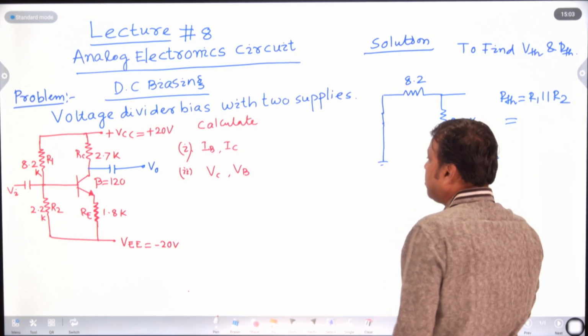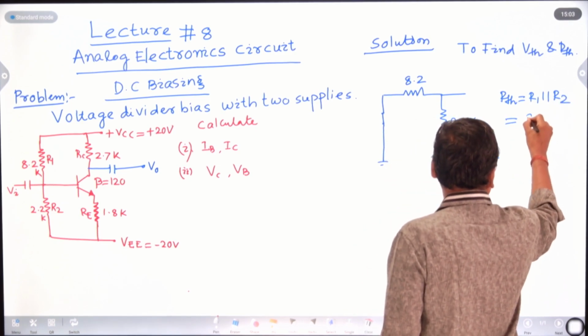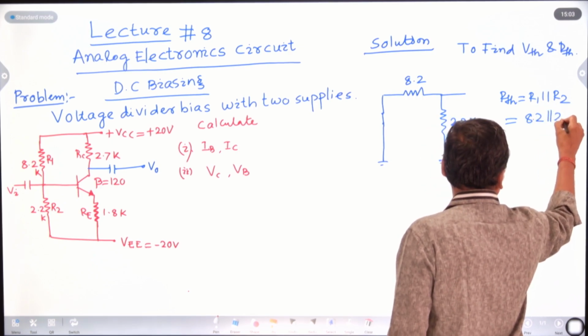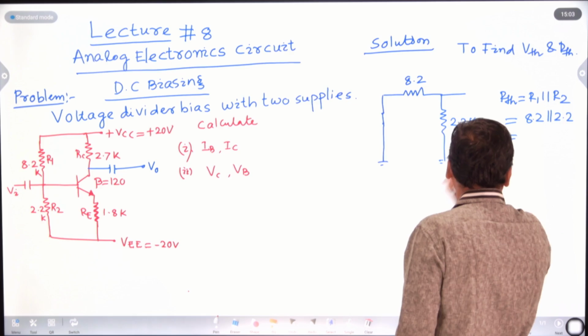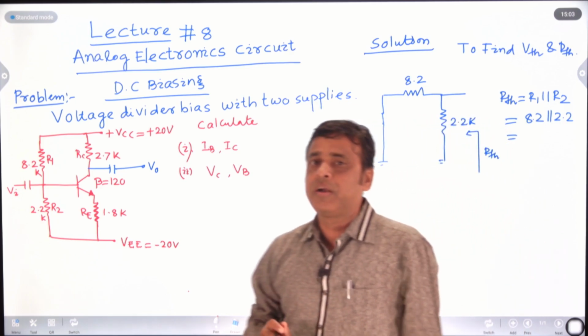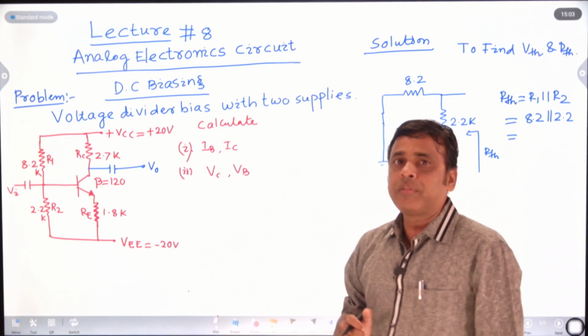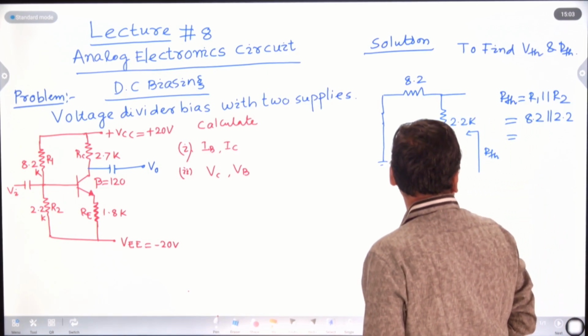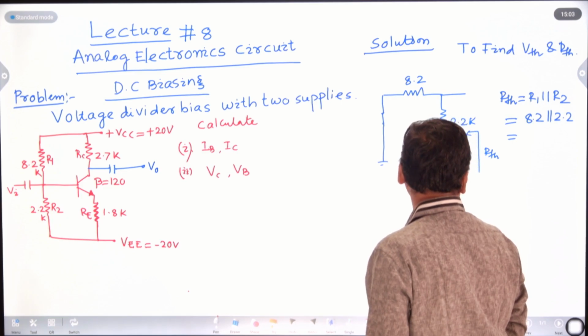Here R1 is 8.2 and R2 is 2.2. If two resistances are in parallel, the equivalent resistance is the product of the resistances divided by the sum of the resistances. So 8.2 into 2.2 divided by 8.2 plus 2.2.